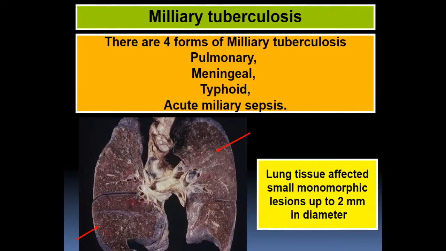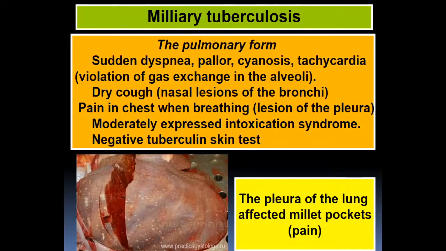On this macro preparation, you can see lung tissue affected by small monomorphic lesions up to 2 millimeters in diameter.